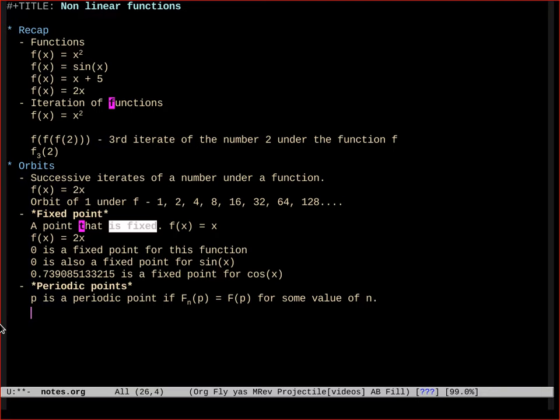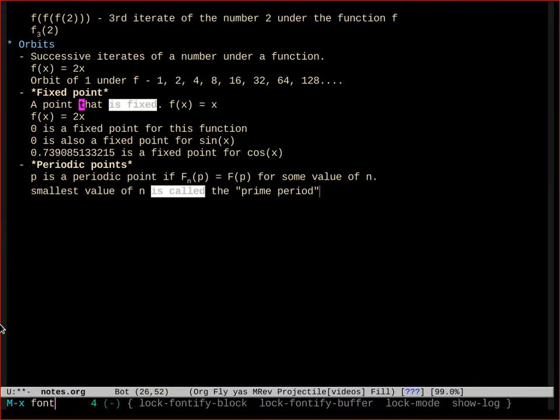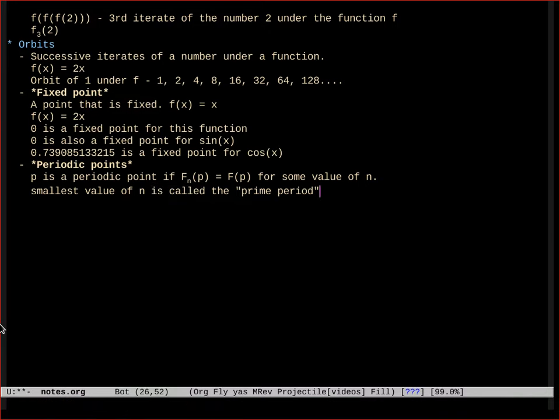So the idea is that if you iterate, you will come back to that value again, and it goes on like this repeatedly. Now, the smallest value of n is called the prime period.